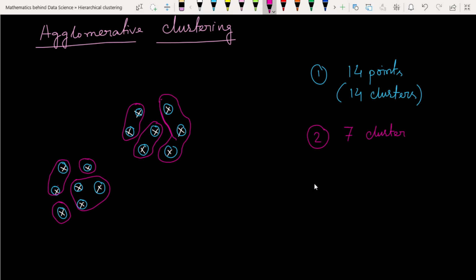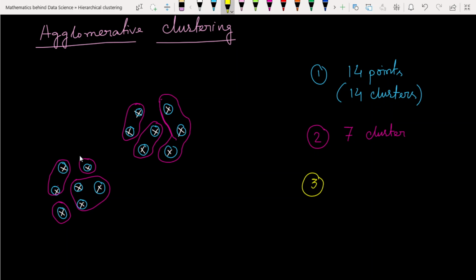Now in the third step we have to do the same thing as the previous step. Look at each cluster and find the closest one. I'm denoting the third iteration with the yellow color.